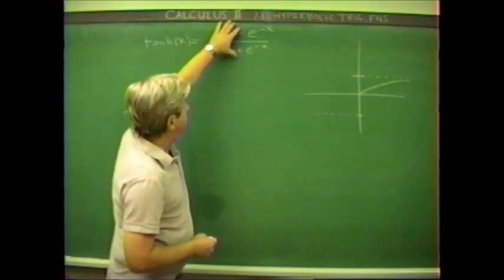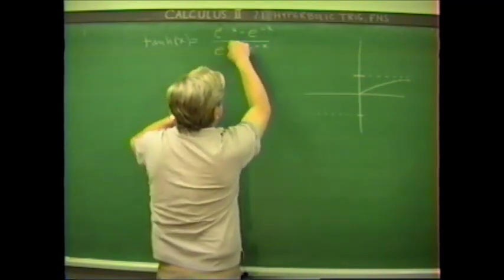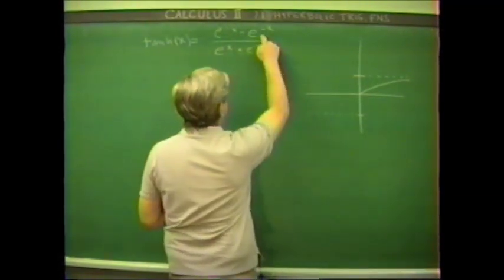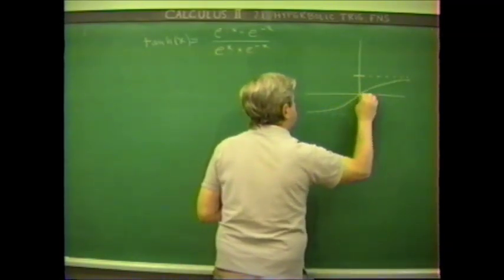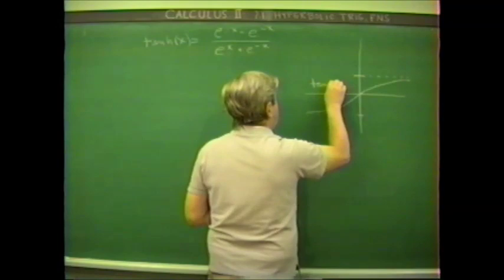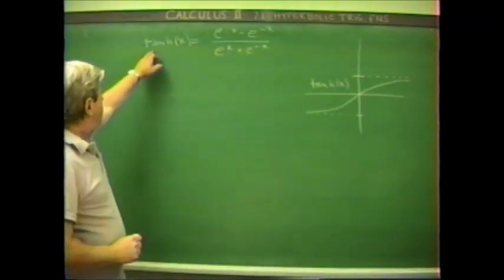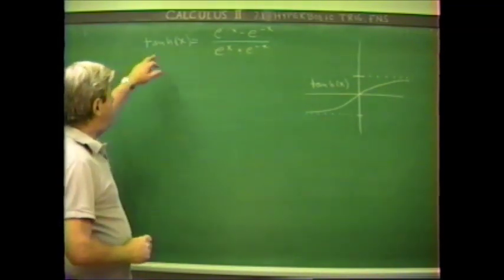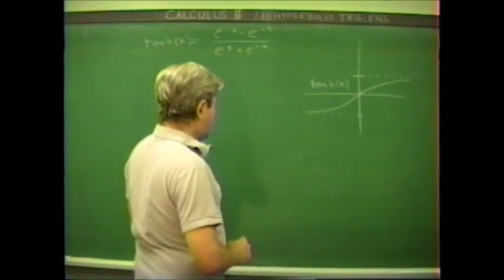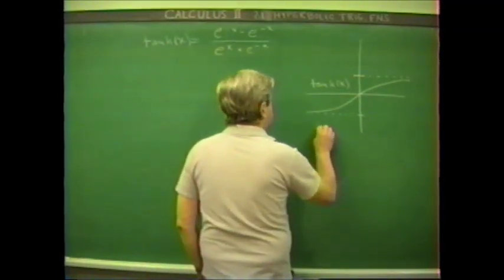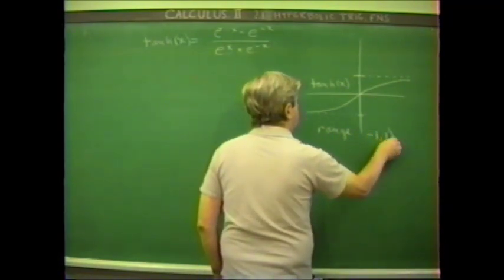And what you're left with is a minus 1 over here. This gets close to minus 1. You can see that by dividing through if you wish. And so the graph of the hyperbolic tangent of x looks like this. The derivative of it is the hyperbolic secant squared, which is positive, and so the hyperbolic tangent is increasing. You can convince yourself of that. And the range is minus 1 to 1.